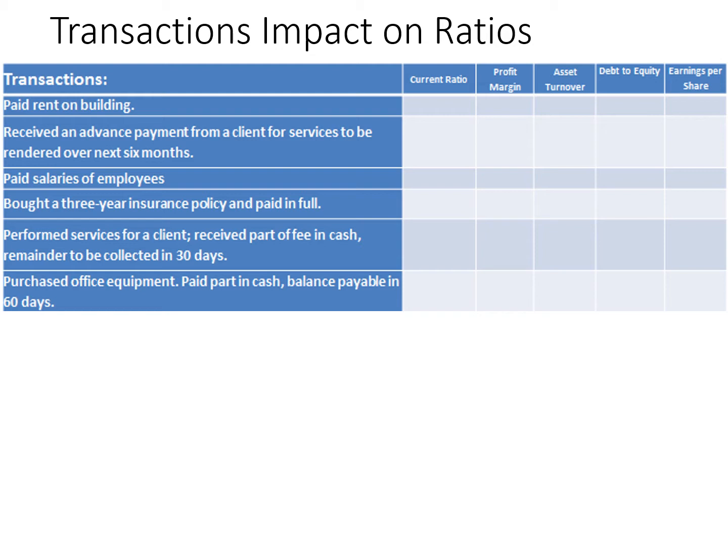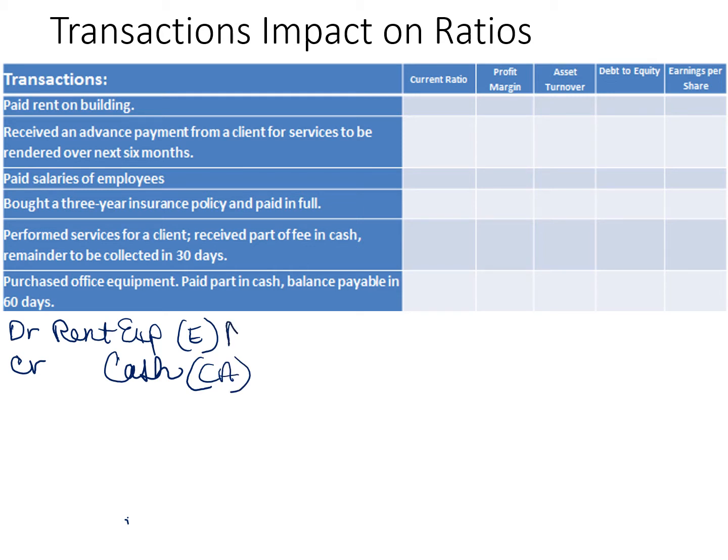For example, paid rent on building: you know that's debit rent expense, which is an expense, and you're going to credit cash, maybe, which is a current asset. The expenses are going up, the current assets are going down.